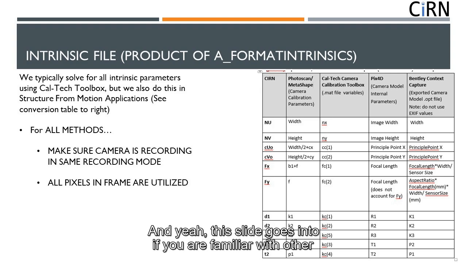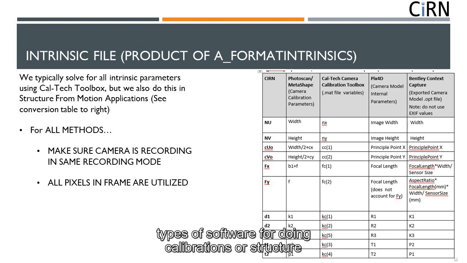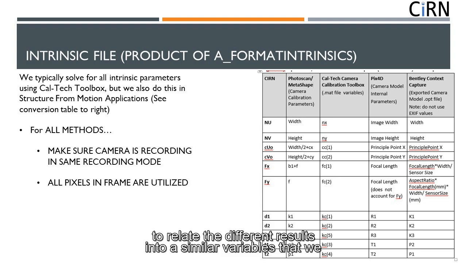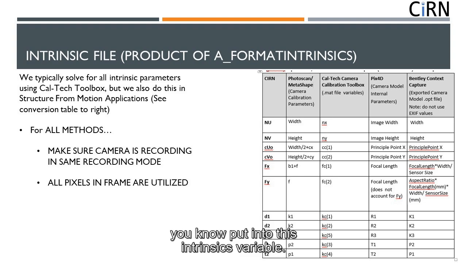This slide is for if you are familiar with other types of software for doing calibrations or structure from motion. Brittany has come up with a nice table of how to relate the different results to the similar variables that we put into this intrinsics variable.